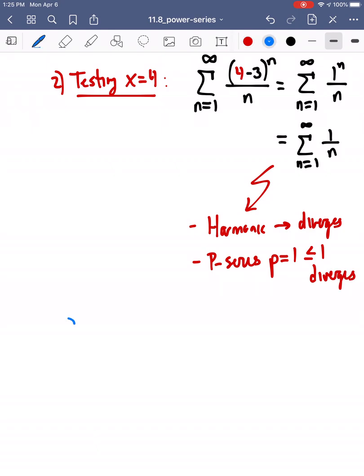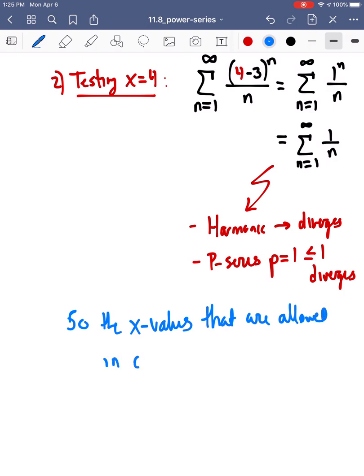So the x values that are allowed in our power series are the following. Between 2 and 4, our x could be greater than or equal to 2, but it strictly has to be less than 4.